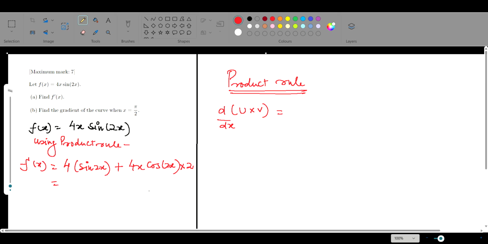I gave you the question here. Just check that the function is u times v and we have to differentiate. So tell me the general form. How do I write the product form here? U times v. That function is u times v. So how do I differentiate this function which is in the form of u times v?